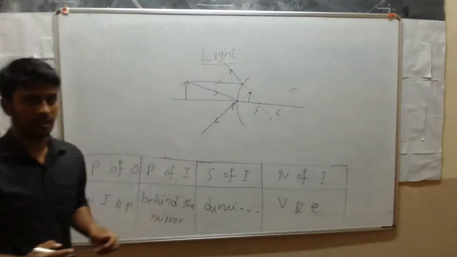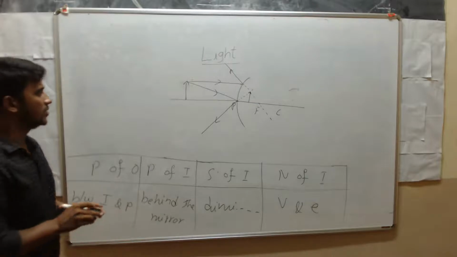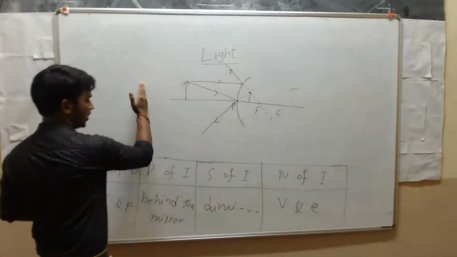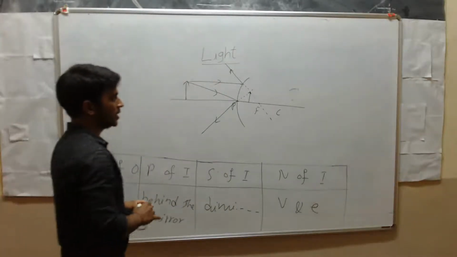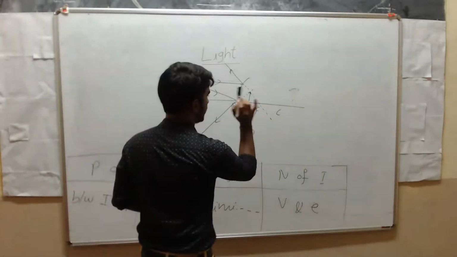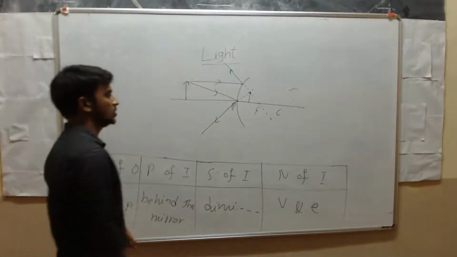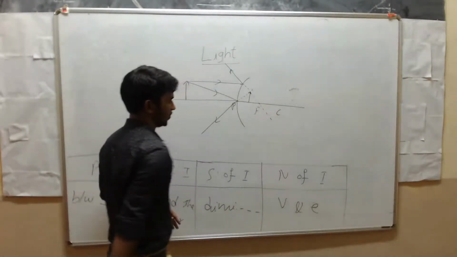See, if you keep the object at any position here, you'll get the image between pole of the mirror and principal focus. Or if the object is at infinite distance, then always you'll get the image at F.